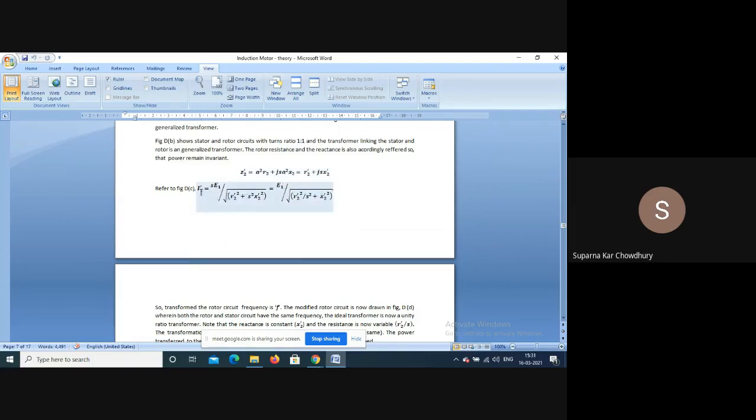So look into this, the current magnitude is same, but in this equation the frequency is SF, and in this equation the frequency is F, but it has a variable resistance. That is, instead of variable frequency and so variable voltage and inductance, now we have a circuit with fixed voltage, fixed inductance, but a variable resistance and a fixed frequency.